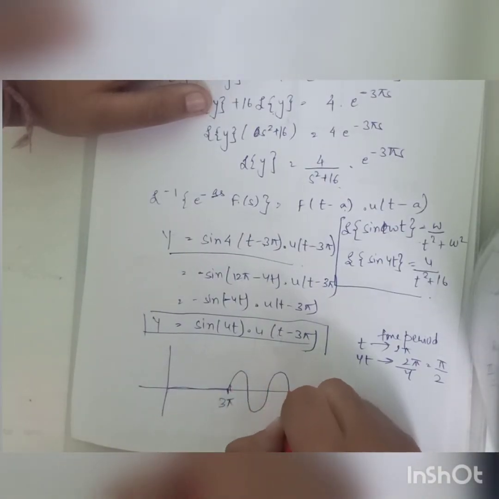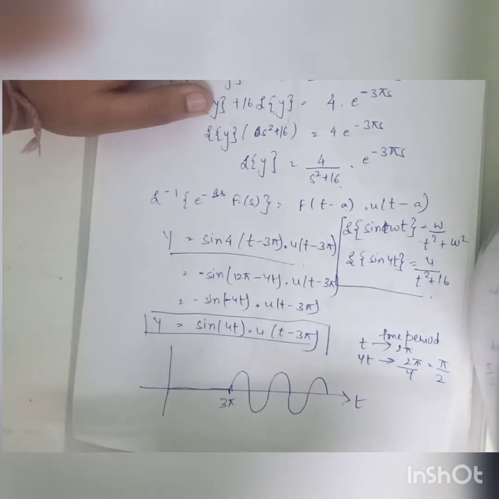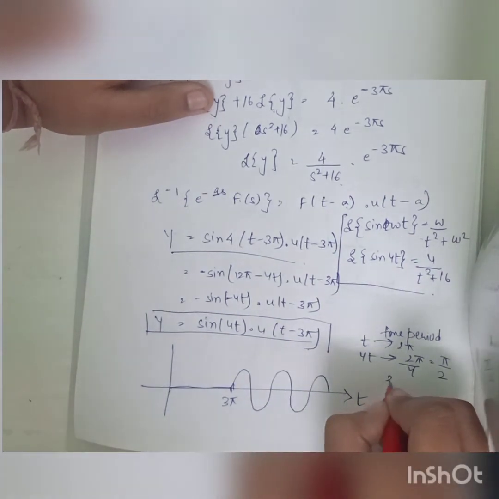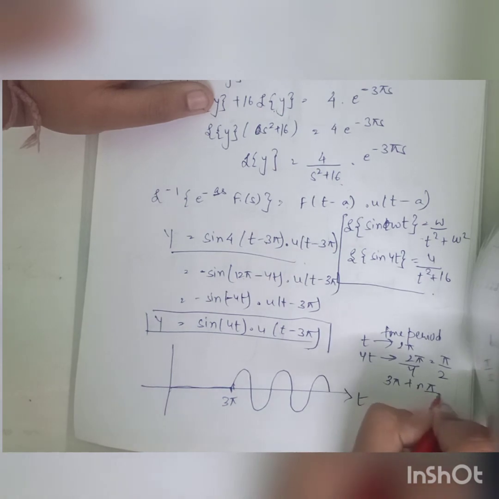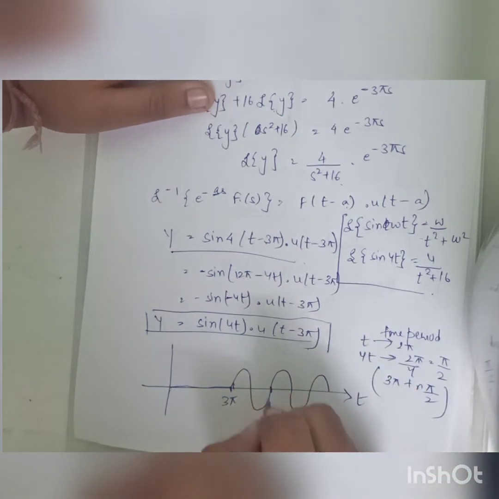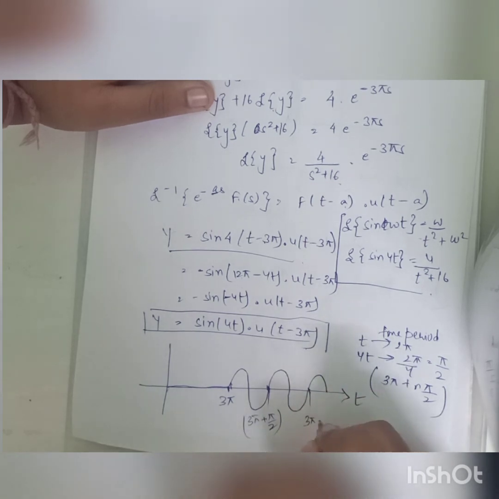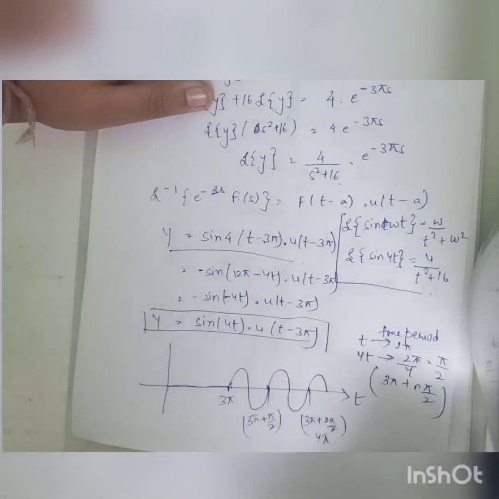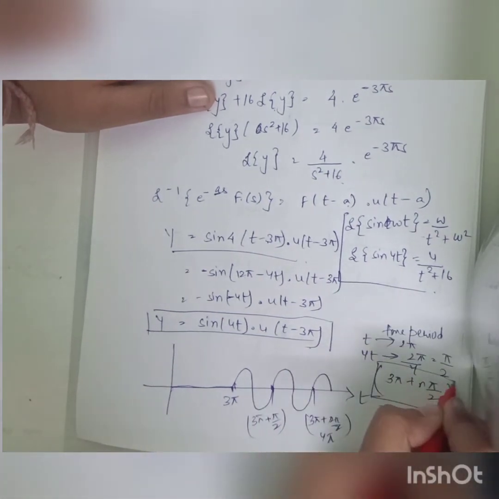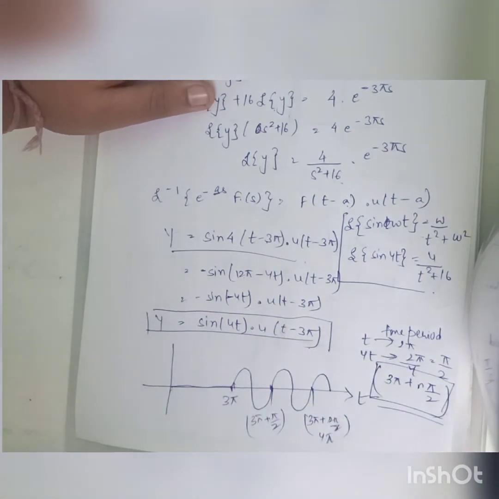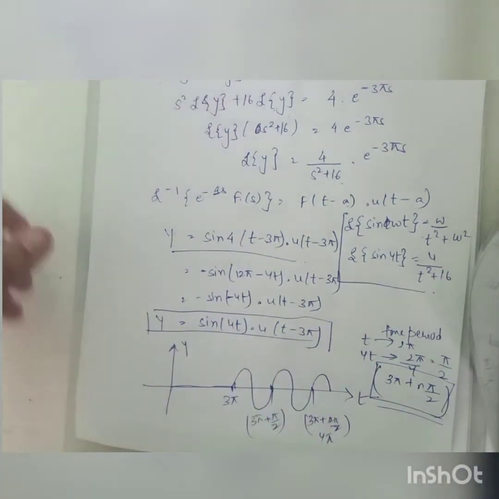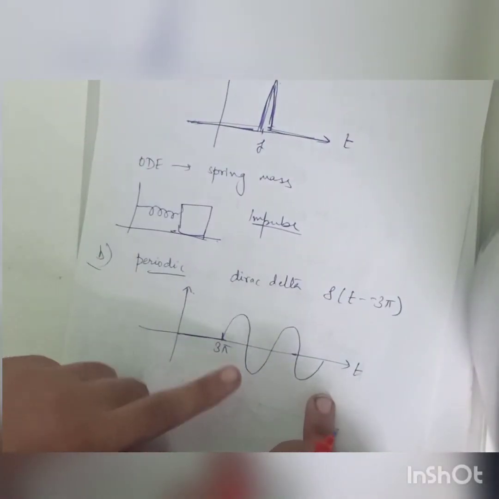That implies that one cycle will be done until 3 pi plus pi by 2, then 3 pi plus 2 pi by 2, which is 4 pi, and it goes on. This will be the time period of the function, and this will be the final graph, which is actually very similar to the earlier graph.